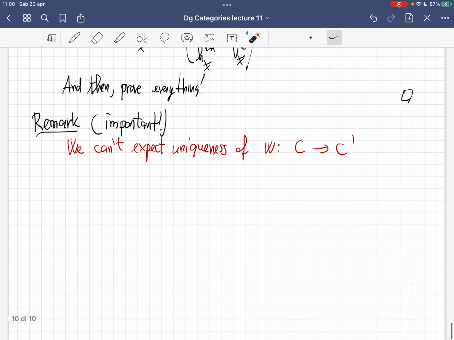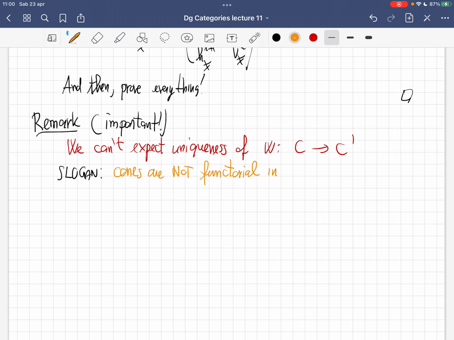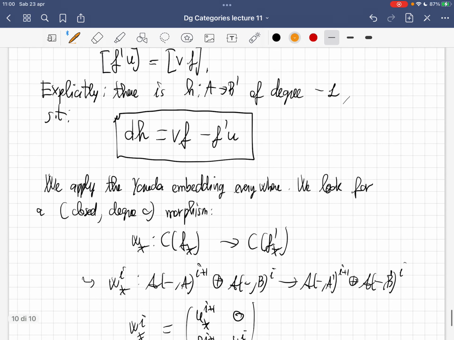And actually, this is kind of a problem, because this says, as a slogan, if you want, cones are not functorial in H0 of A. Every time you have functoriality, there's some kind of uniqueness or well-definedness of some functor.